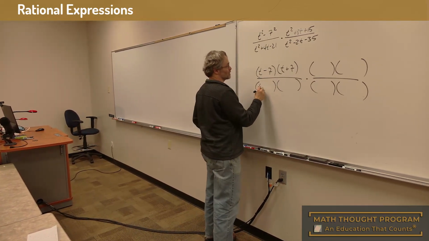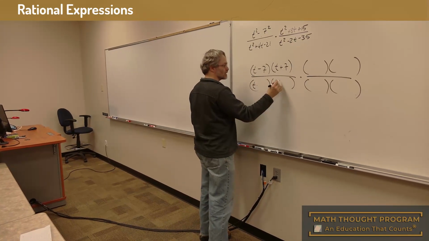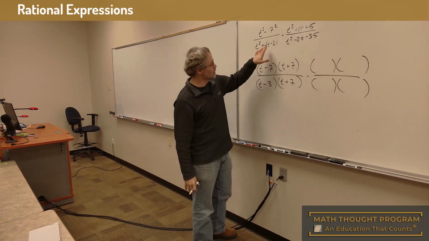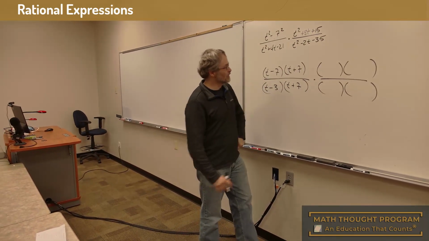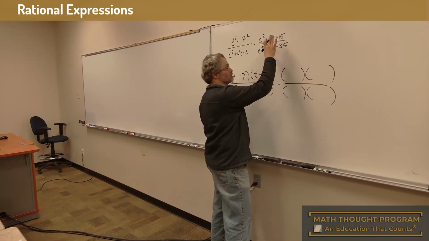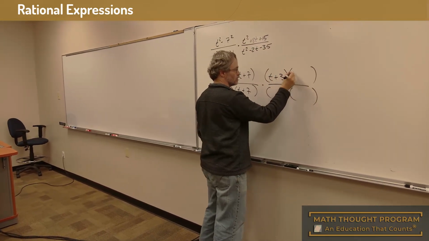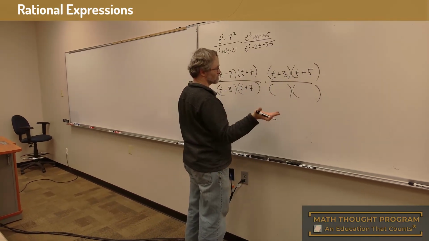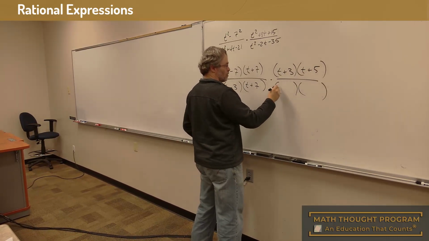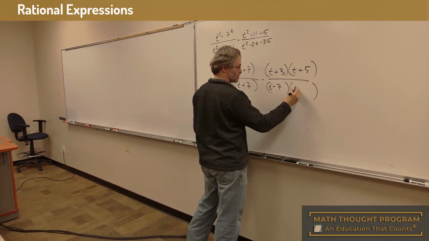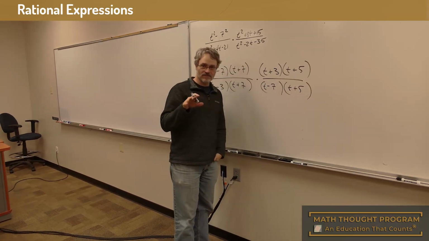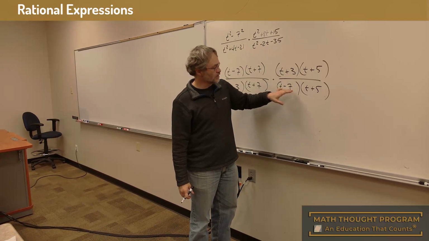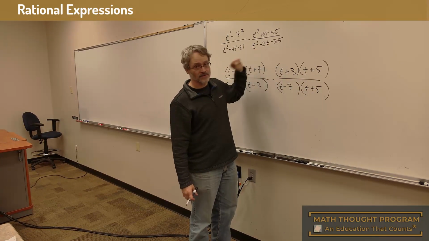And I say it's going to be something like t plus 7 and t minus 3. 7 plus negative 3, positive 4. Okay, try the next one. t squared plus 8t plus 15. And then down below, I can do something real similar also. Maybe something like t minus 7, t plus 5, because 5 times negative 7 is negative 35. Negative 7 plus 5 is negative 2.